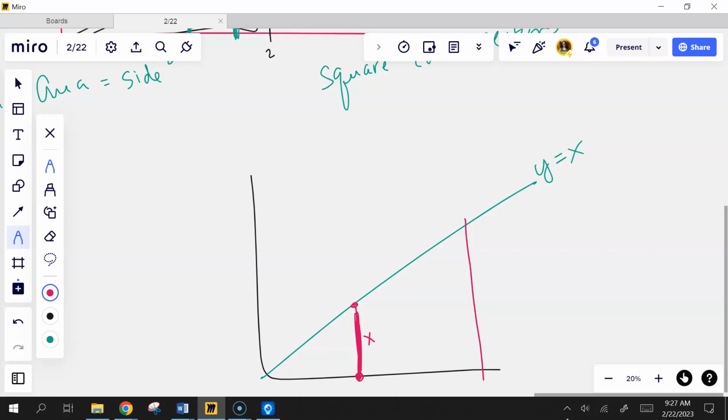Because that length is the height from 0. So this point is x, x. So if this was a square whose base was x, it means its side is also x. So this is the base. These are the same lines, but it's coming up. So the area here would be x squared.